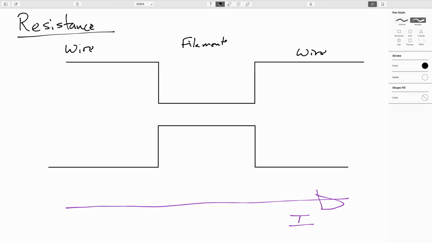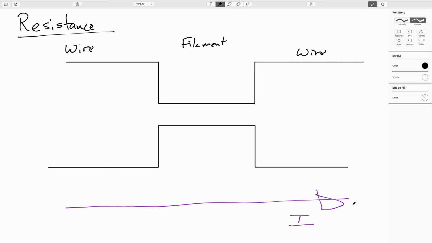So I've already drawn in that I want my conventional current flow to go from left to right, but in all of our materials, any material that you're going to choose for a wire or a filament, the mobile charge carriers are going to be electrons.